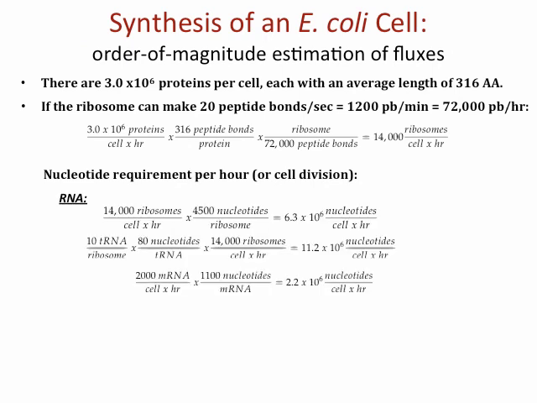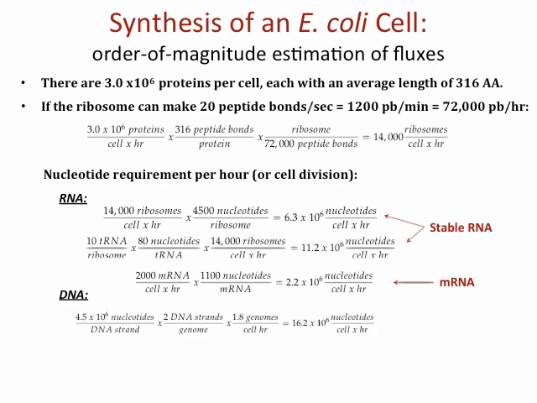You can calculate also the total number of nucleotides you need to build a cell. You can estimate how many nucleotides you need to make the ribosomes, the tRNAs, and the messenger RNAs, and you can see those numbers here: 6 million for ribosomes, 11 million for tRNAs, and 2.2 million for the messenger RNA.